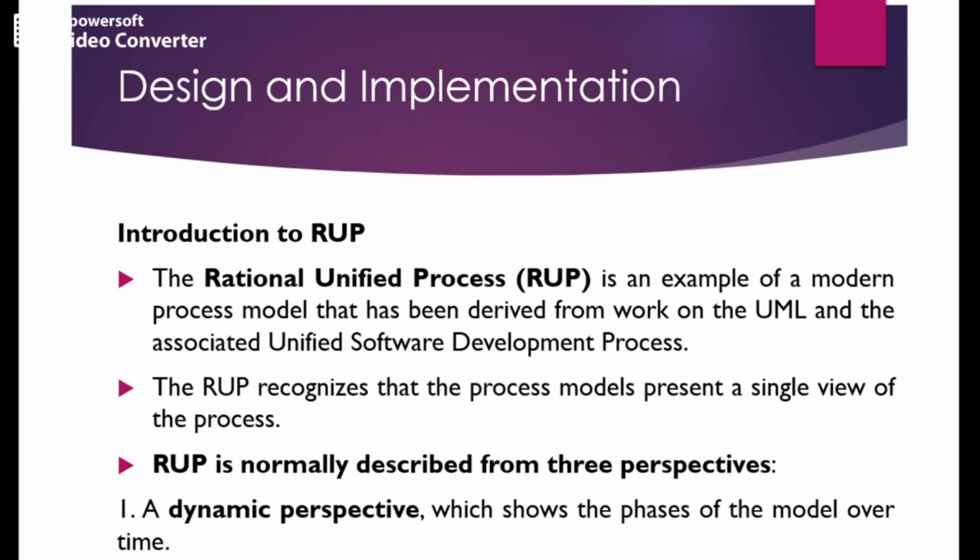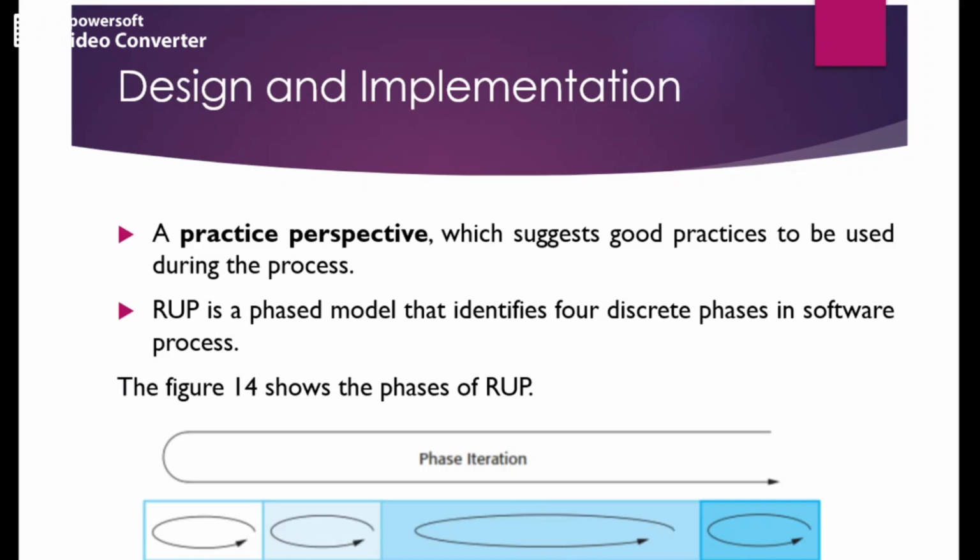So what exactly is this RUP? The RUP is a phased model that recognizes that process models present a single view of the process. RUP is normally described from three perspectives: a dynamic perspective, a static perspective, and a practice perspective.